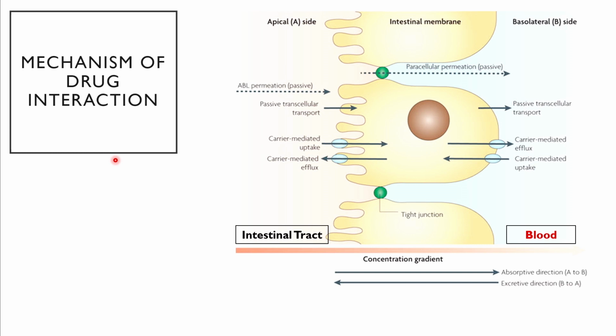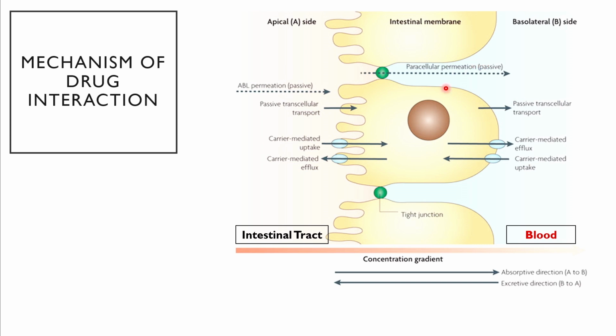So let's take a closer look at the actual mechanism and really break down what is happening. What the picture here is depicting for you is the intestinal membrane, specifically the enterocytes where P-glycoprotein is located. And P-glycoprotein, as you've learned from the lecture, is located all throughout the body.